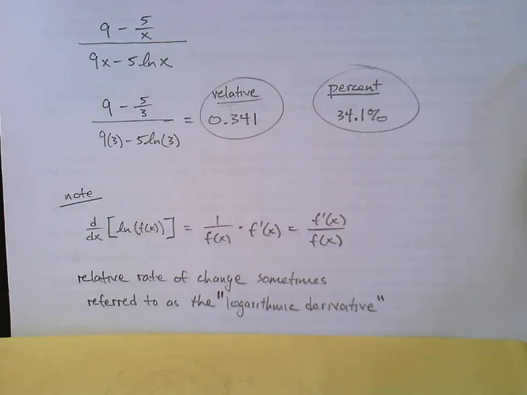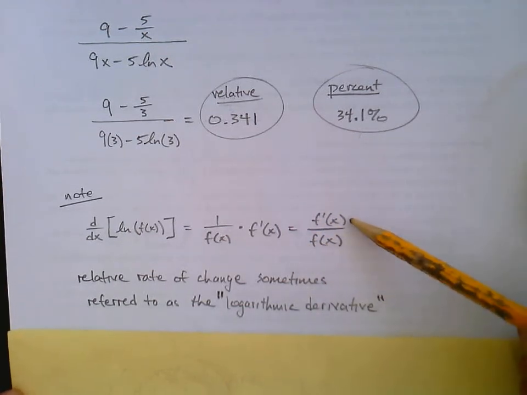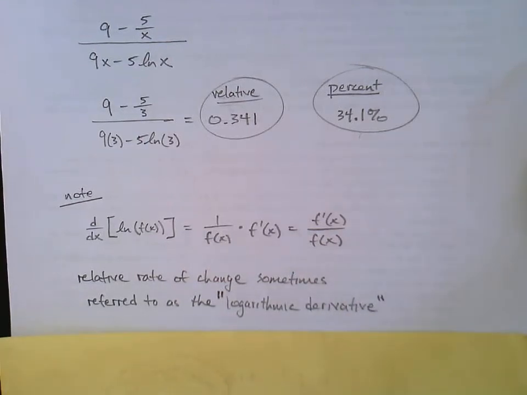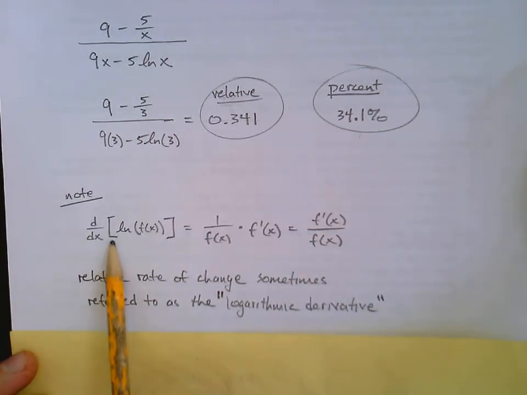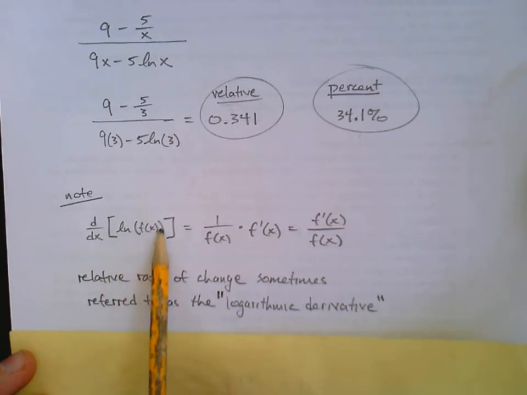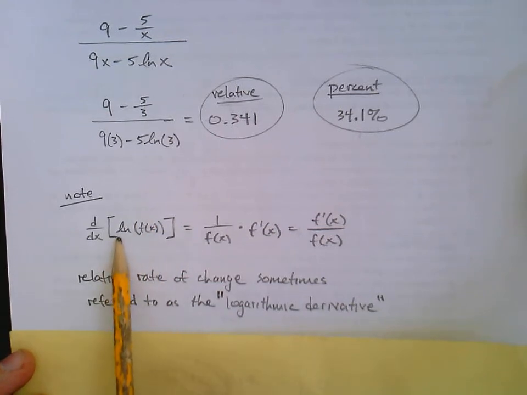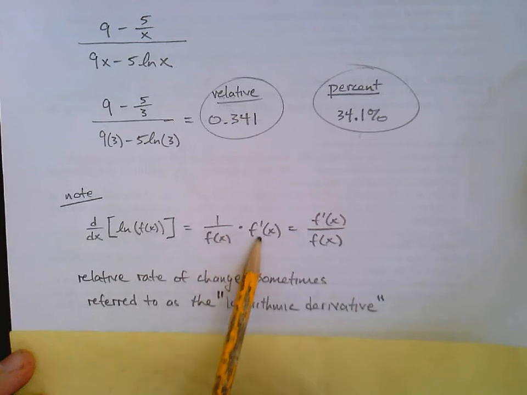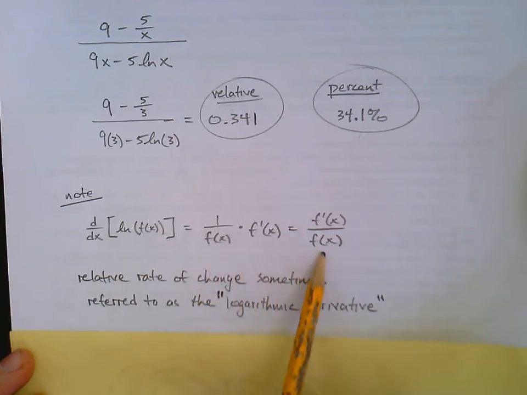Let me explain why. Why would that formula right there, f prime of x divided by f of x, be referred to as the logarithmic derivative? That seems strange. So imagine you've got the natural log of f of x. Well, if you were to take the derivative of that, that would need a chain rule, right? It would be 1 over f of x times f prime of x, which would end up simplifying to f prime of x over f of x.